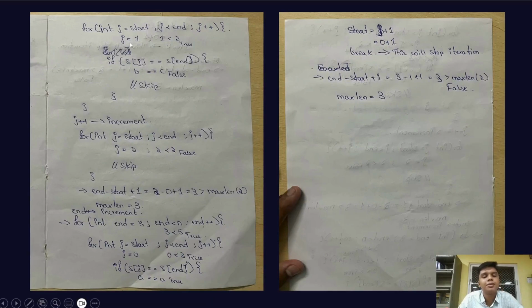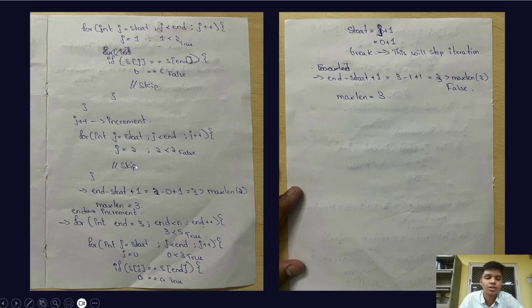When j is incremented, j equals 1, 1 is less than 2, it is true. We'll check the if condition b is equal to c, which is false. Then we will skip the rest of the code and increment j. So j is now 2, and the condition j is less than 2 is false.